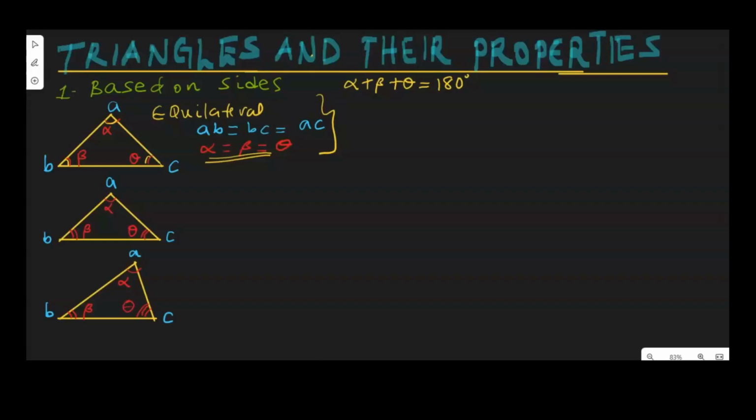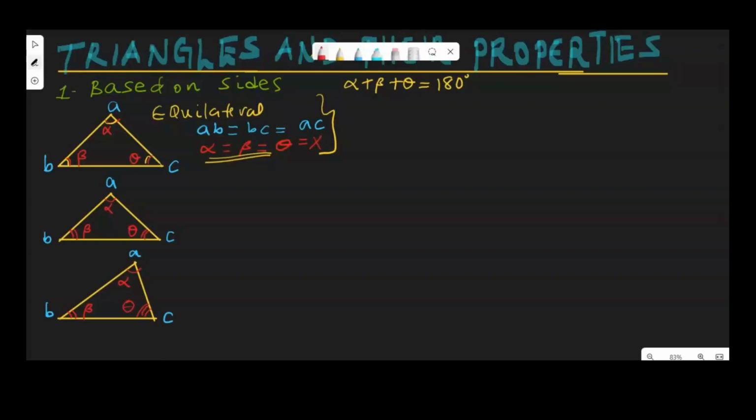So let's first do the proof that all the angles of an equilateral triangle are 60 degrees each. We have that the summation of the three angles of any triangle is 180 degrees, and also each angle is equal. That means we can say alpha is equal to beta is equal to theta. Let's assume each of them has a value of x.